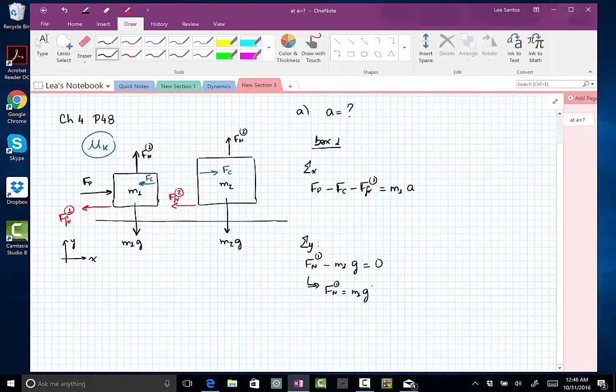Why is this important? Because I need to find the force of friction. I know that the force of friction is the coefficient of kinetic friction, mu k, multiplied by Fn1. And Fn1, we found it here.